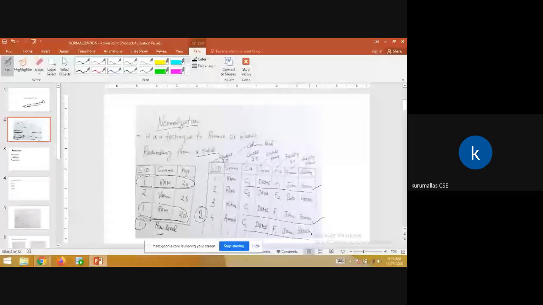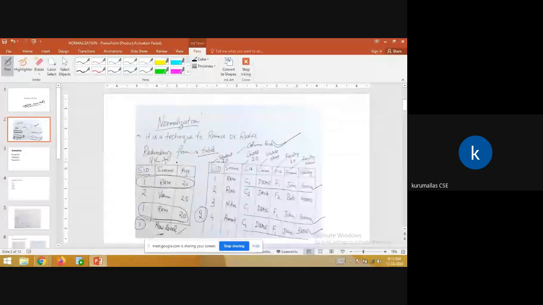This does not affect the entire row; it affects only a part of the table. So this is column level duplicacy, and the earlier one is row level duplicacy. What is the final solution for this? We have to maintain a primary key for the table.